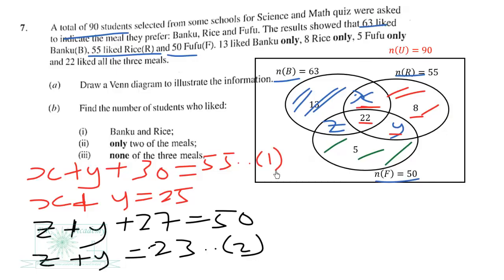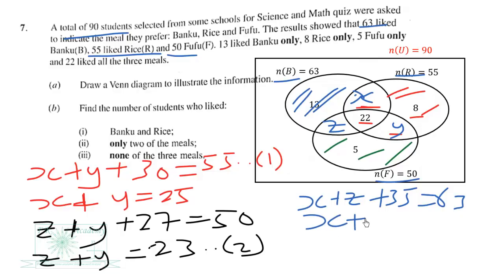So we need a third equation using the set for Banku. So when we add x and z, then 22 and 13 will give us 35, and that should give us 63. So x plus z will be equal to 63 minus 35, and that will give us 38.